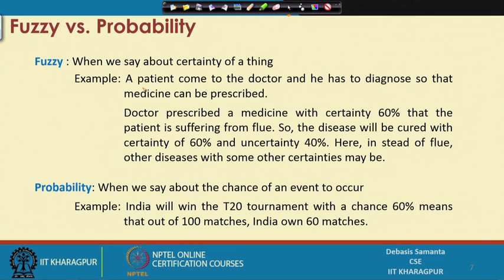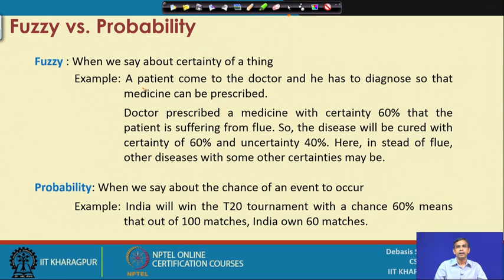On the other hand, if it is probability, we can also say 60%, or 0.6. For example, India will win the T20 tournament with a chance of 60%. If I say so, it means we have certain statistics or previous experience that out of 100 matches India won 60.